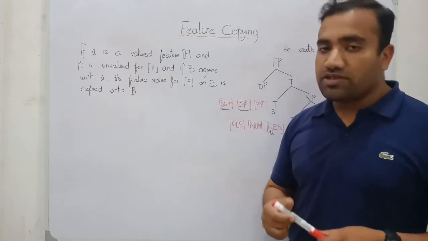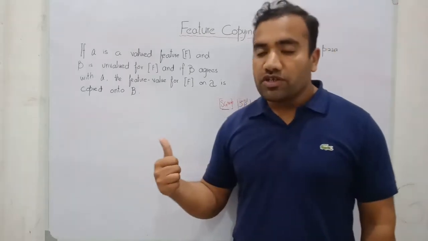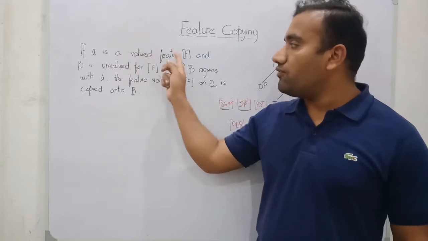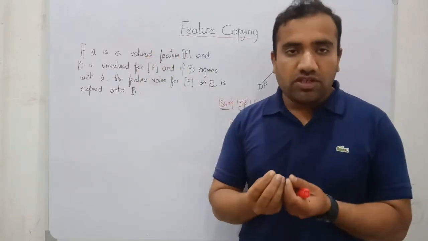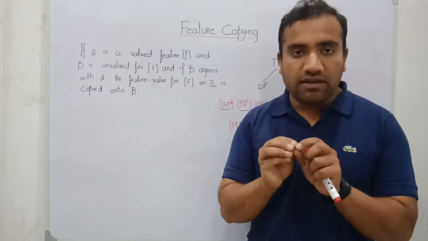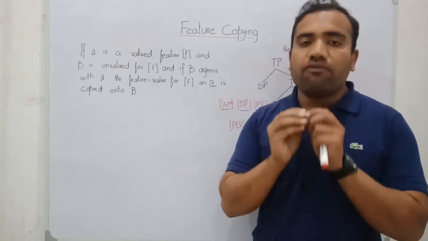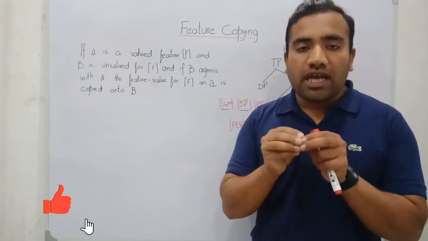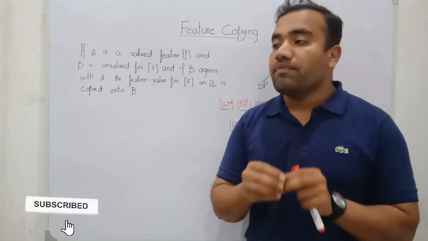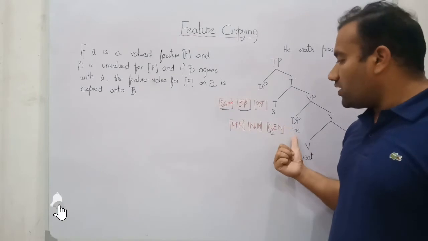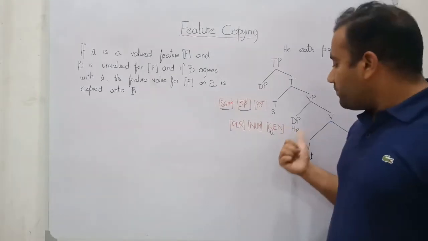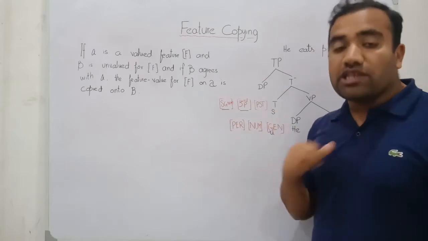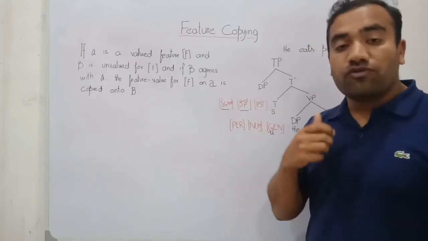Copying theory states that if alpha is a valued feature f, it means we have a category, the alpha category, but the feature of that particular category has been valued. Like if we suppose this is alpha, it has valued features: person feature is valued, number feature is valued.